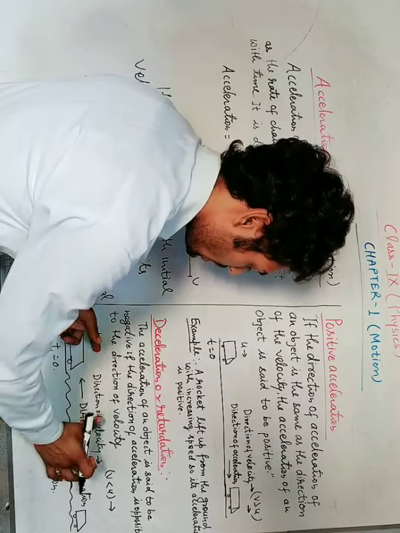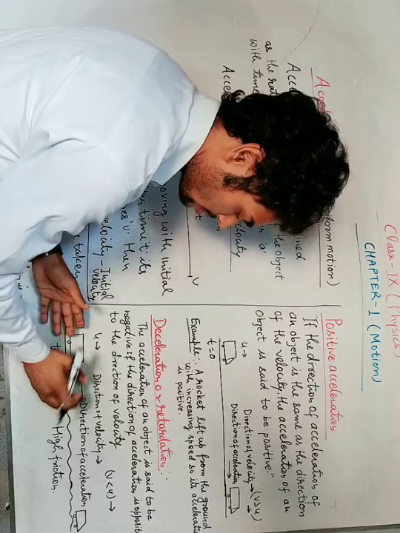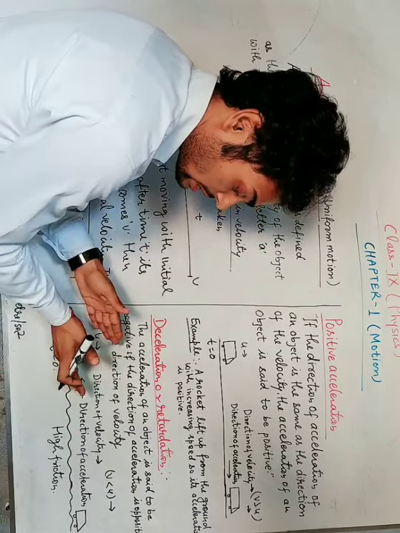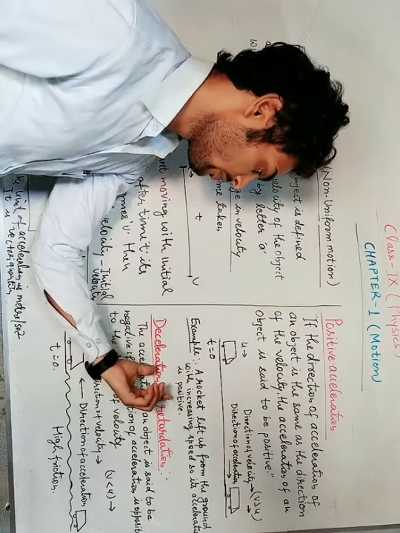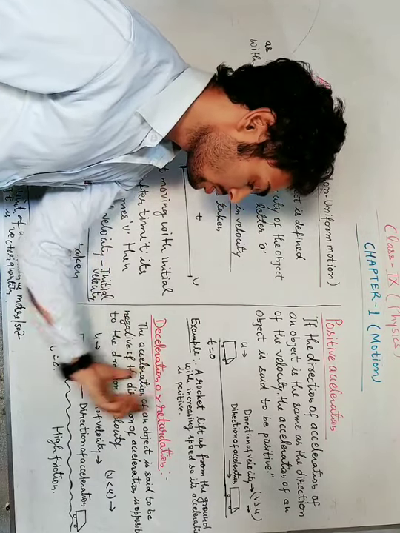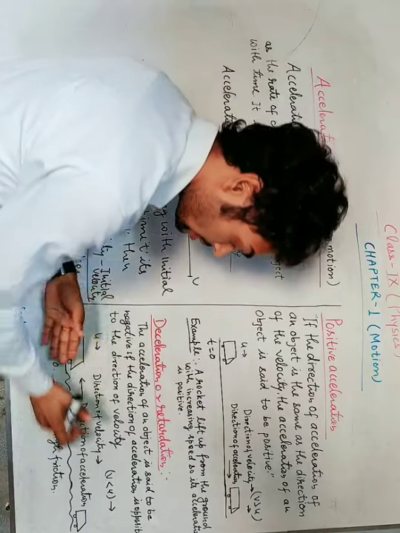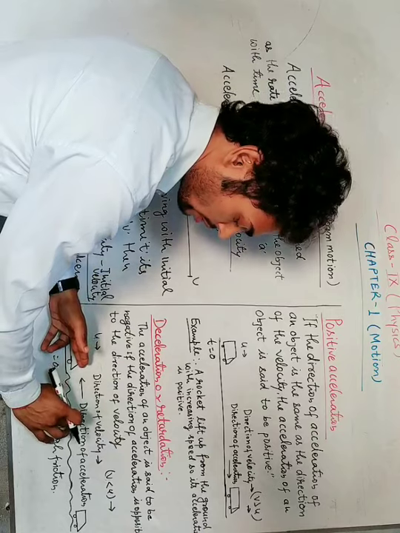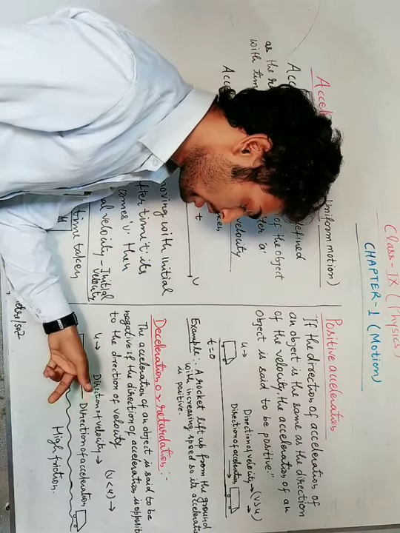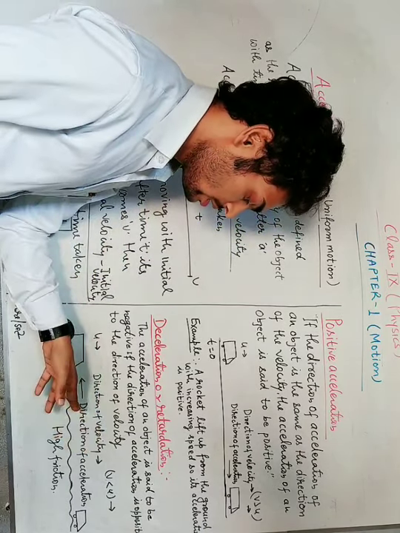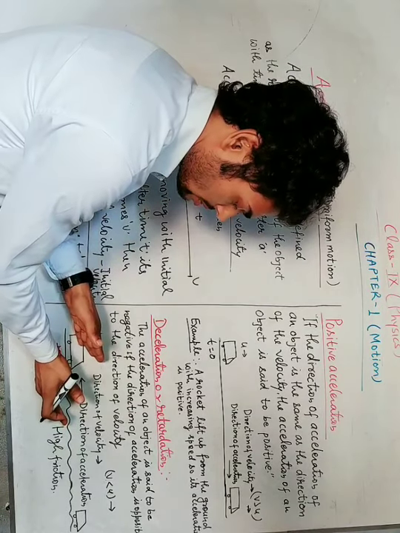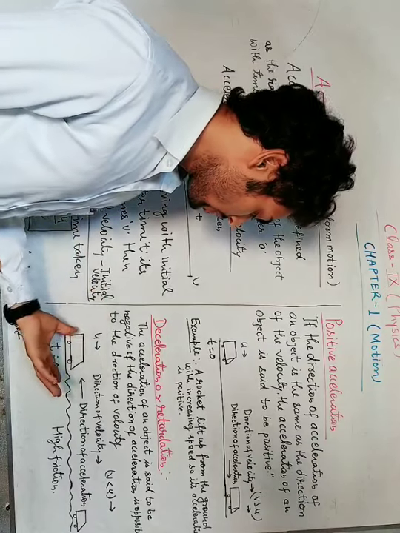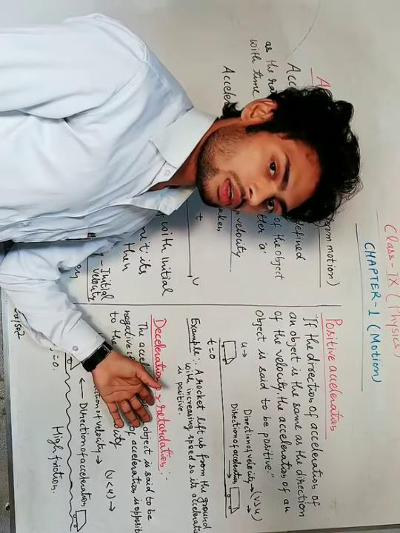When it is moving on the plane surface, the direction of the velocity and the direction of the acceleration are the same. When it moves on the rough surface, the direction of the velocity is opposite to the direction of the acceleration. So in this way this car has retardation or deceleration.